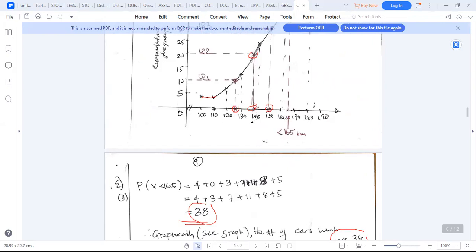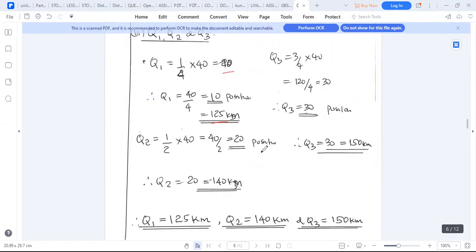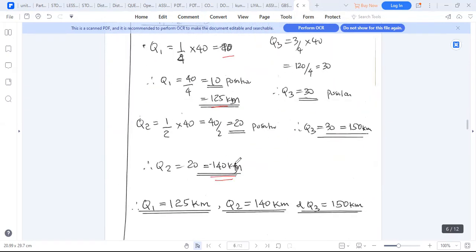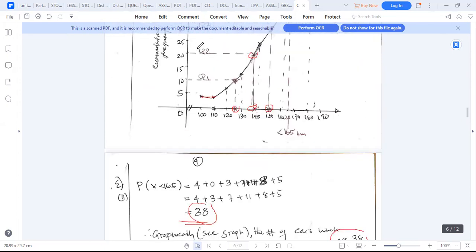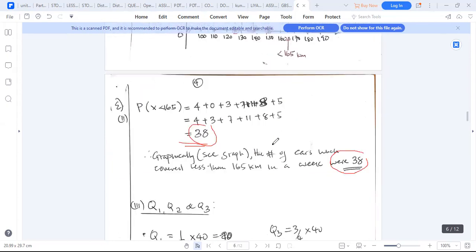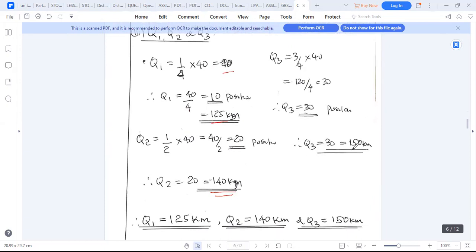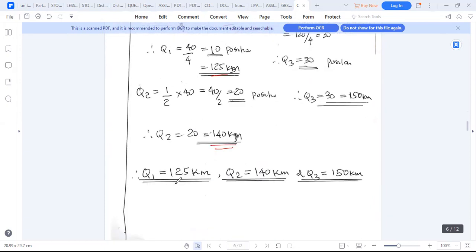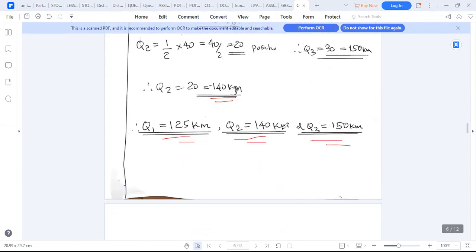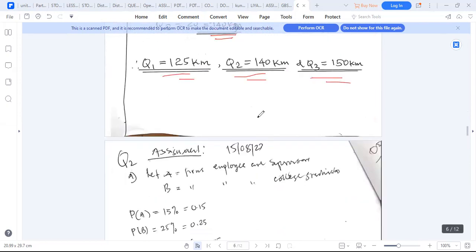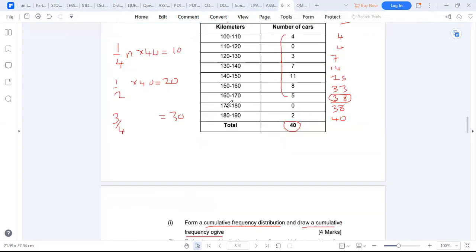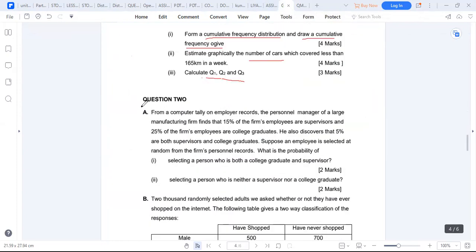Our Q2 is coming to 140 kilometers, and our Q3 from this approximation is coming to 150 kilometers. So these are the corresponding quartiles using the graph. Right. Then we go to the next question now. Question number 2.